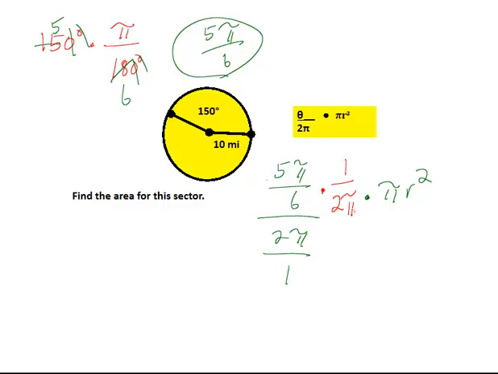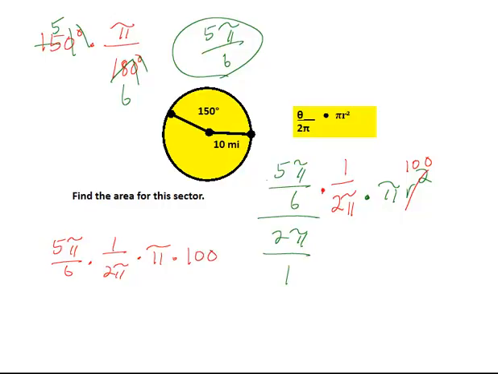And when I look at what else I have, I know my radius is 10, so instead of that I've got 100. Now let me rewrite this because it looks a little bit messy. So I've got 5 pi over 6 times 1 over 2 pi, and then times pi times 100.